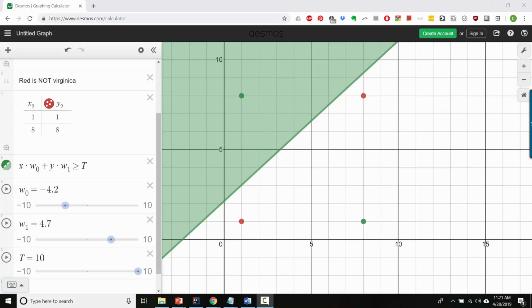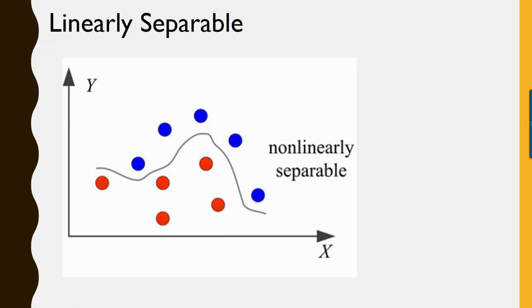So there are a couple of tricks that you can use. Remember, with our perceptron, we were only looking at 2 dimensions of the data. So we were looking at the sepal length and the petal length. So let's pretend that we have some data that's not linearly separable in 2 dimensions. Remember how it wasn't Virginica that had the 4 petals, but let's pretend it was.